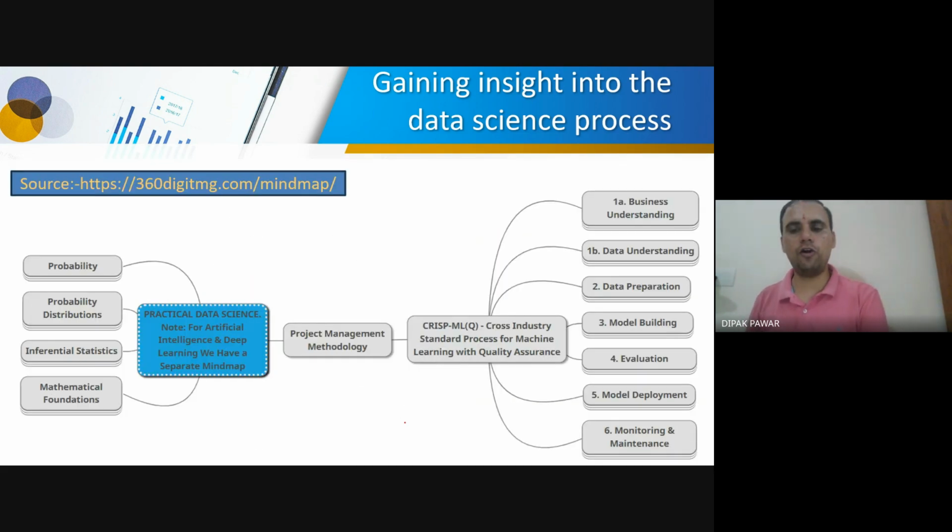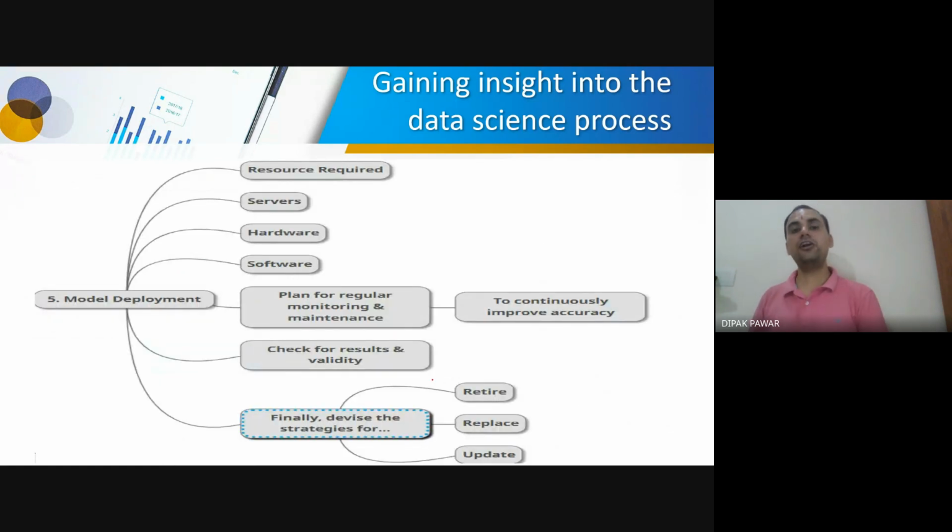We have to go for deployment of the model. We should launch our model on the cloud. So let's see what the requirements are when we go for model deployment. When you are deploying the model, you should have certain resources with you.